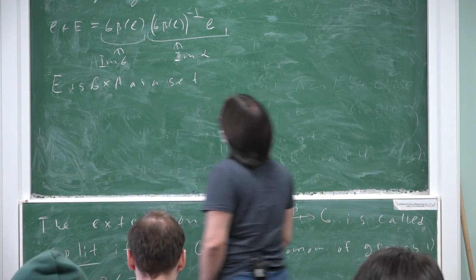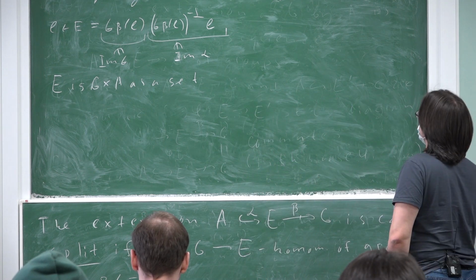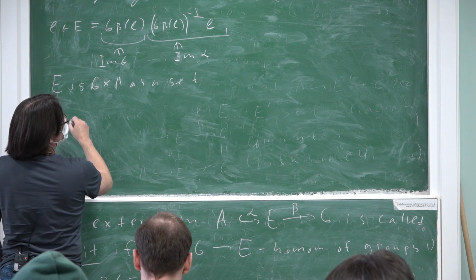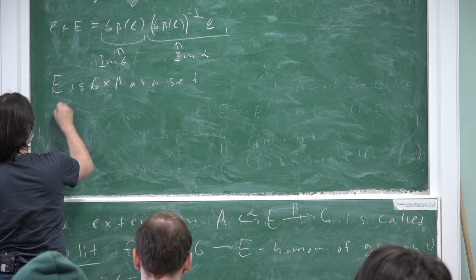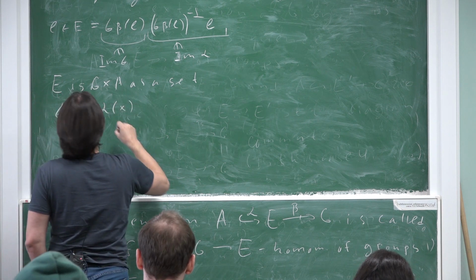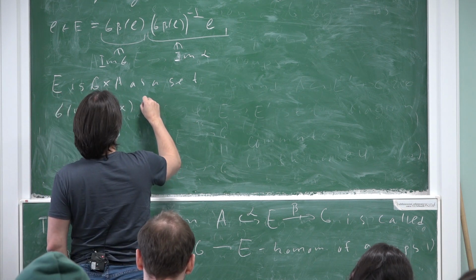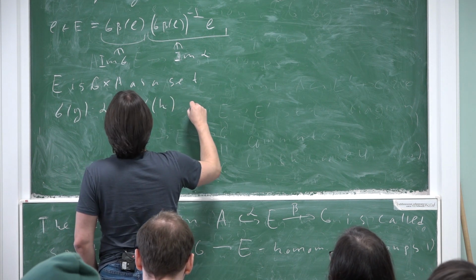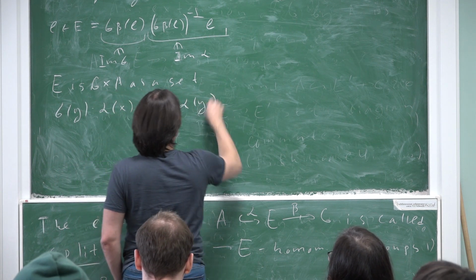So it remains to understand what's the multiplication. So you multiply sigma of G, alpha of X, and you want to multiply by sigma of H, alpha of Y, yes.